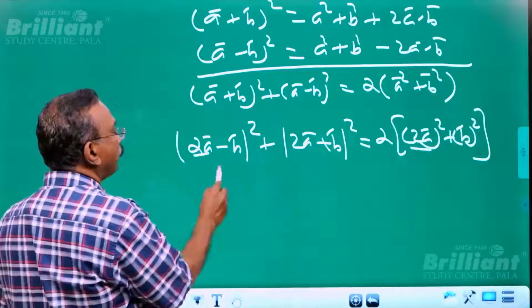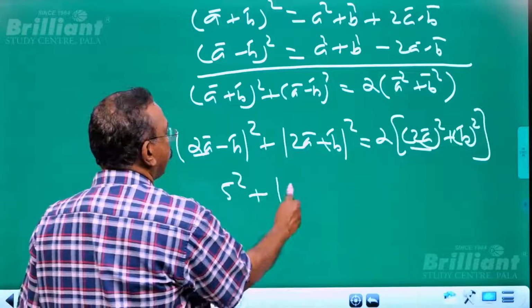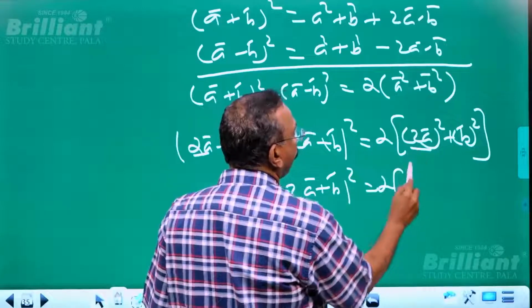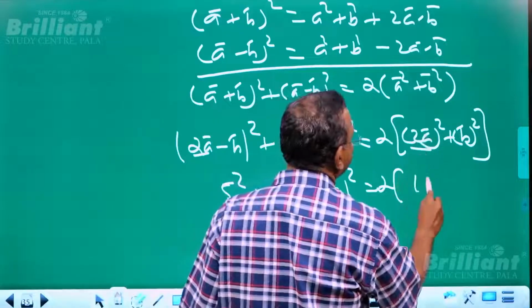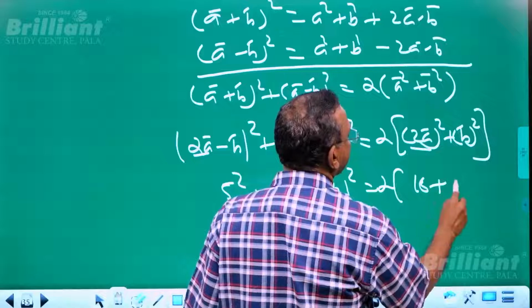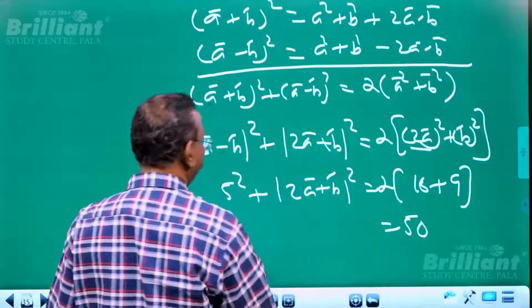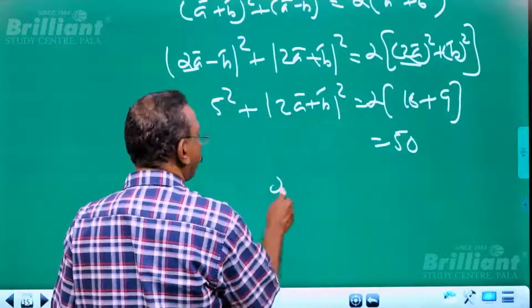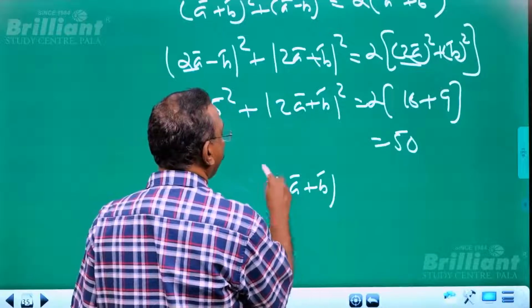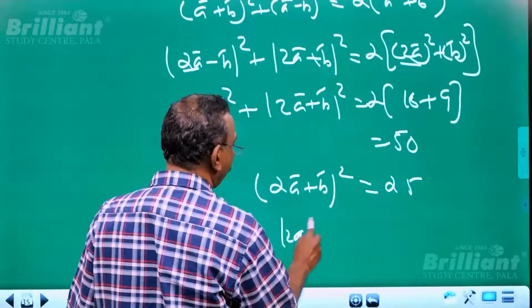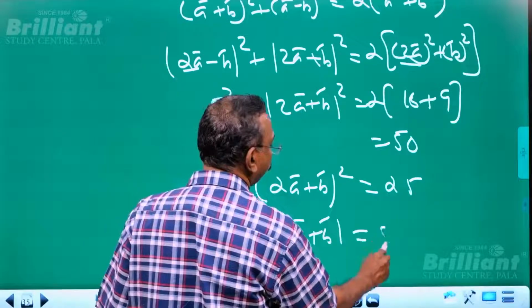So given this one is 5, 5 square plus 2 a bar plus b bar the whole square is equal to 2 into 4 square, 16, plus b is 3, so it is 9, which gives 25 inside, so 50. Therefore, 2 a bar plus b bar the whole square is equal to 25. Then mod 2 a bar plus b bar is exactly 5.